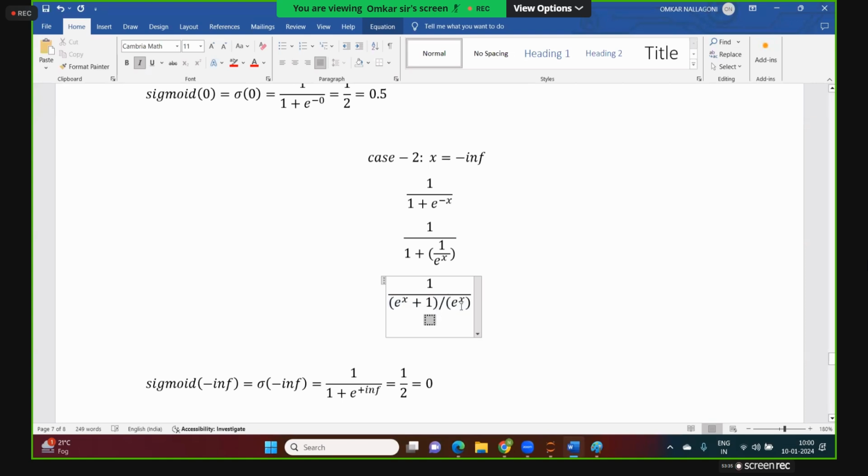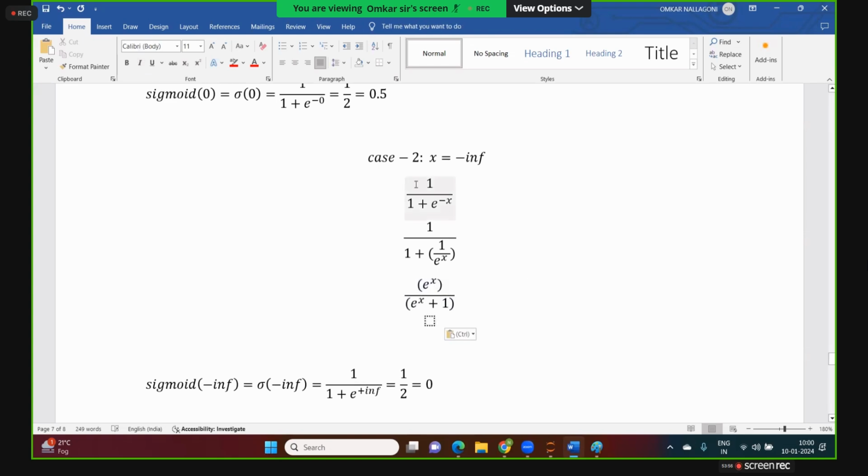This e power x will go to the numerator, it will get like this.